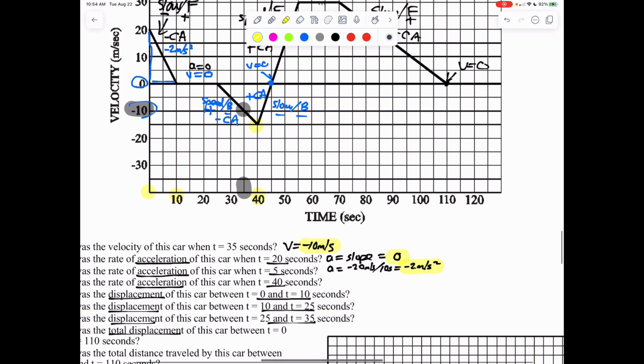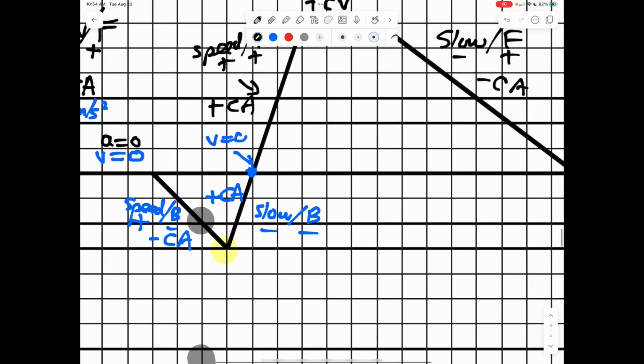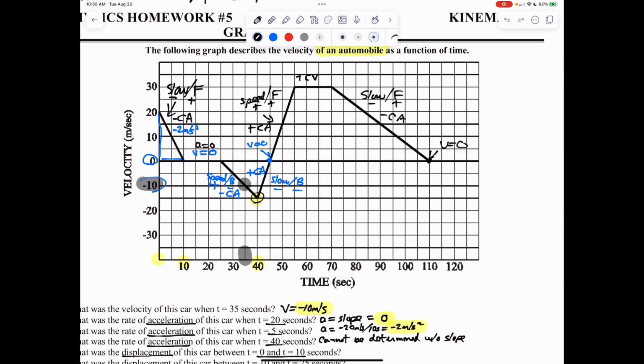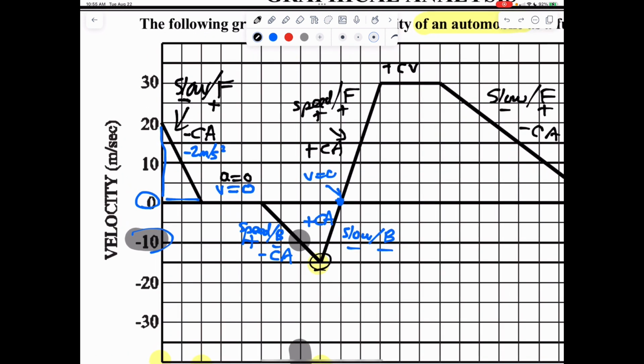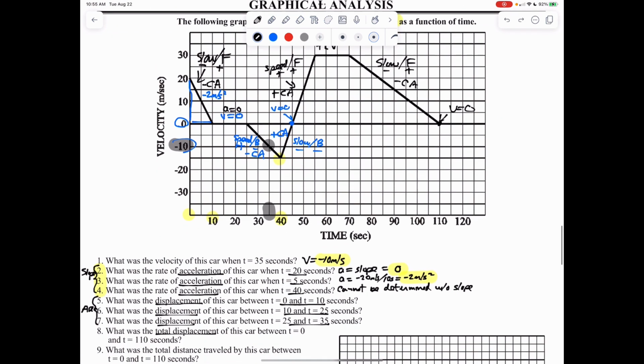So it cannot be determined without a slope. You realize that that point there is the point between two slopes, this slope and that slope. So that's not very realistic to change speeds like that. You're basically increasing to this speed and then decreasing to that one. It usually happens gradually over time. It doesn't usually happen so abruptly.